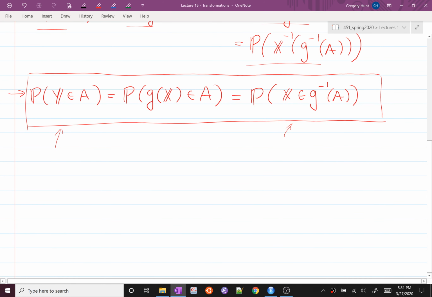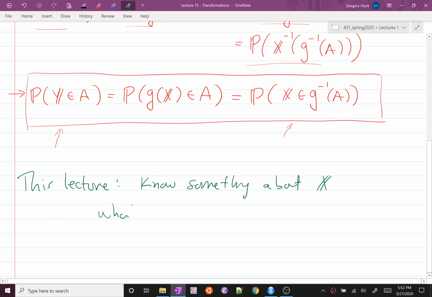But the general game, and what we're going to talk about in this lecture, is: I know something about x. What can I infer about some transformation g of x?